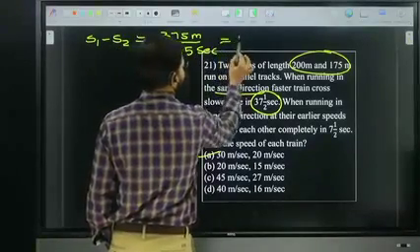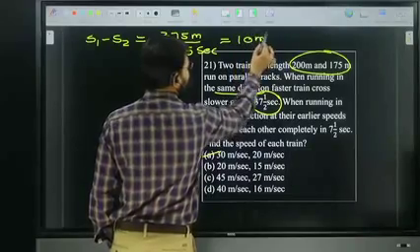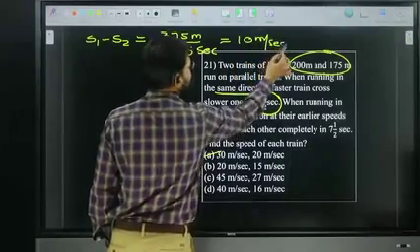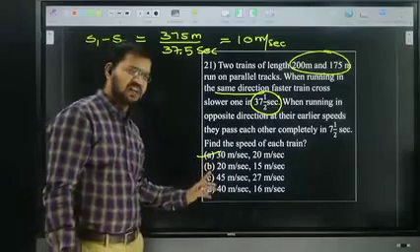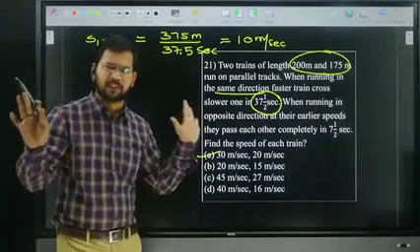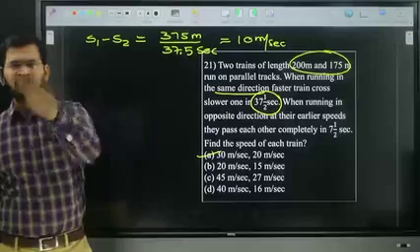How many times? 10. Therefore, S1 minus S2 is equal to 10 meters per second. See the options. Which option has a difference of 10 meters per second? All of you clear?